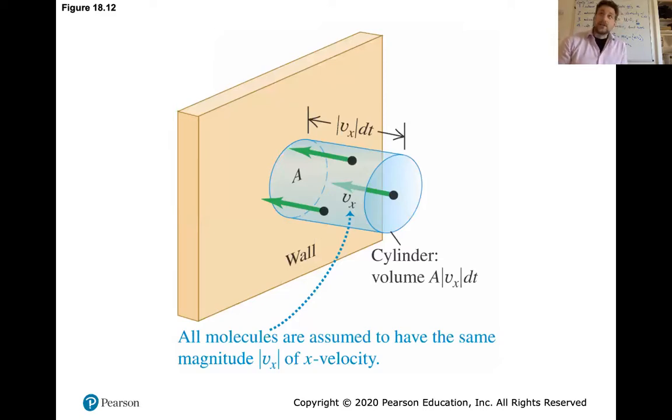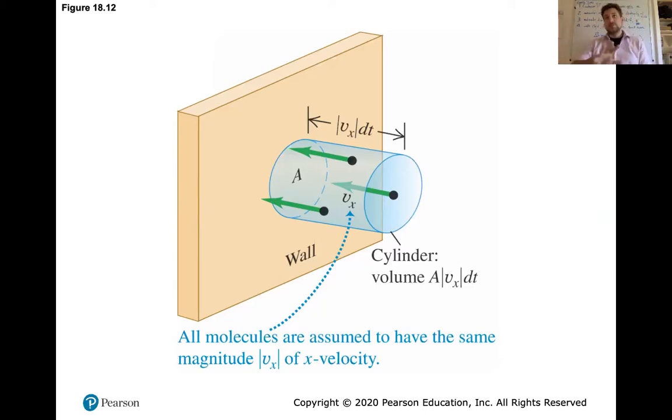The molecules that are able to hit the wall during a small amount of time dt need to have lived somewhere within a close enough distance so that they could hit the wall during that much time, according to how fast they're going. For now, let's make one more assumption, which we'll walk back in a second: that every molecule has the same speed, just to keep things nice while we're working through this.